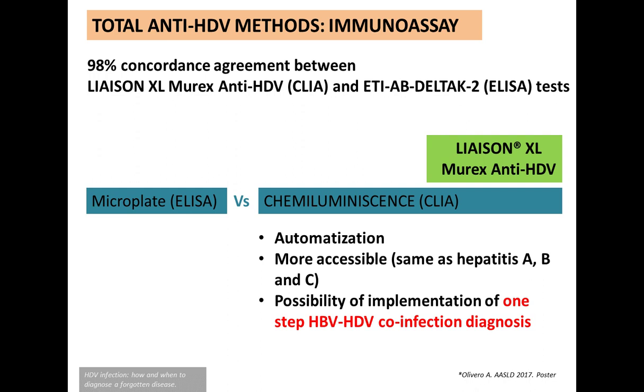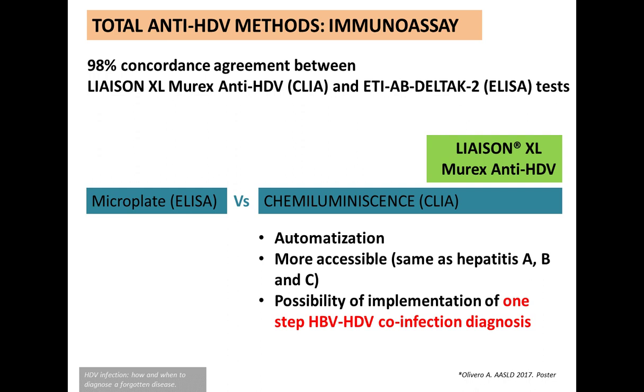So most marketed assays for total antibodies anti-delta virus are in the microplate format, and only one was recently adapted to chemiluminescence. And this is a very interesting point, because this allows a complete automatization of the process.